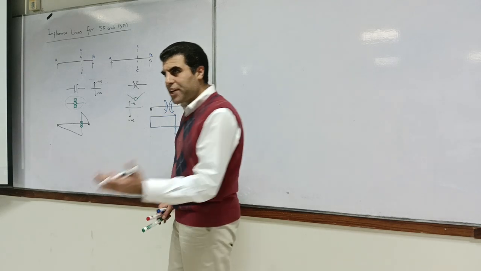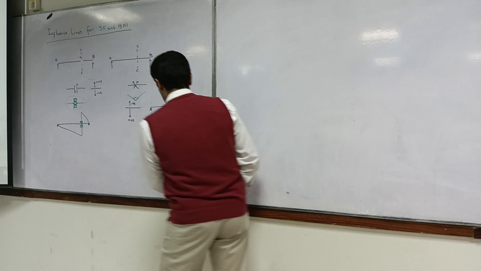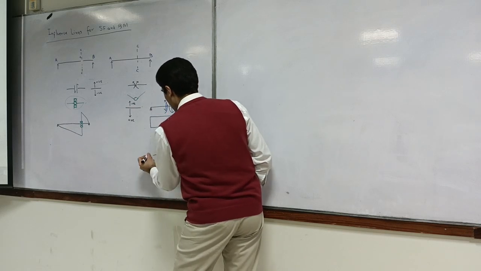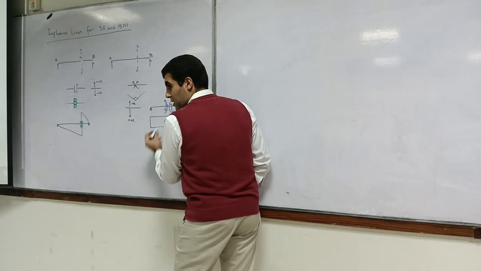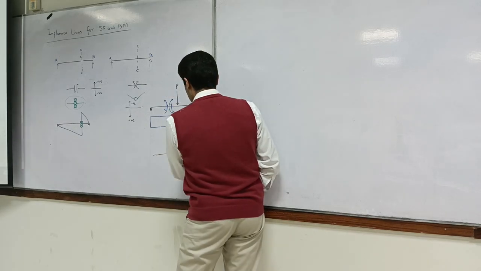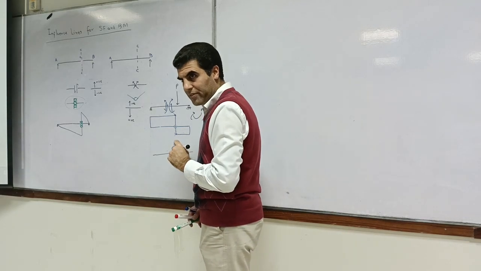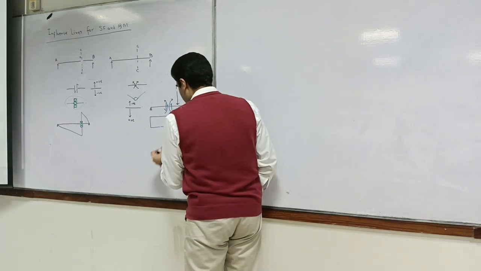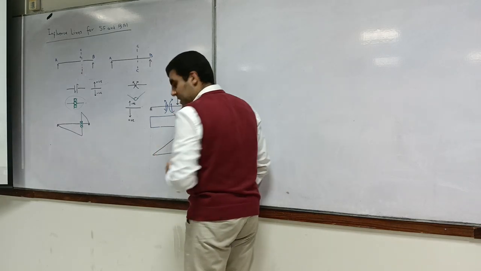Okay, what you have done previously is you give your moment diagram, your positive was in this direction, isn't it? So when you had a moment which caused sagging, you considered that as positive. So that positive, you assume that it is like this.